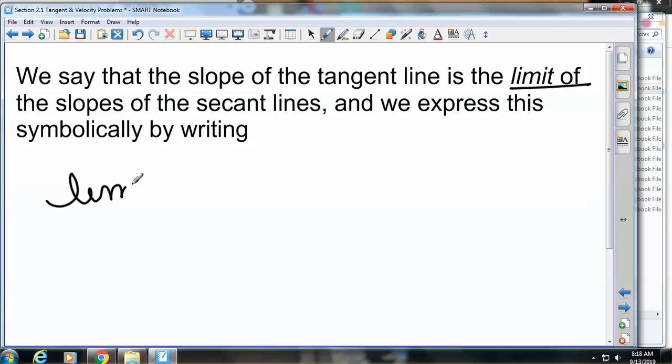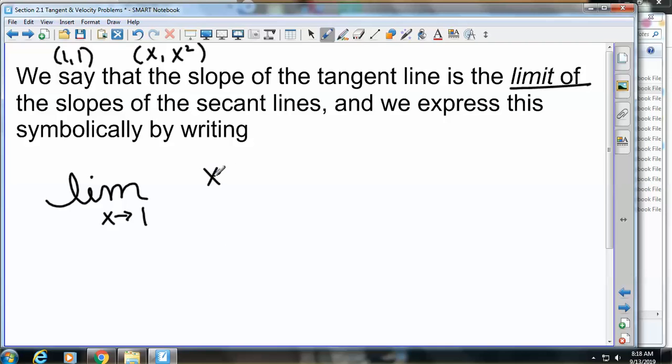Okay, how we see that is the limit as our x value got close to 1 of the slope, right? If you think about those slopes, we had the point (1, 1), and then we were taking an x, and when we plugged them in to get the y value, we did x squared, right?